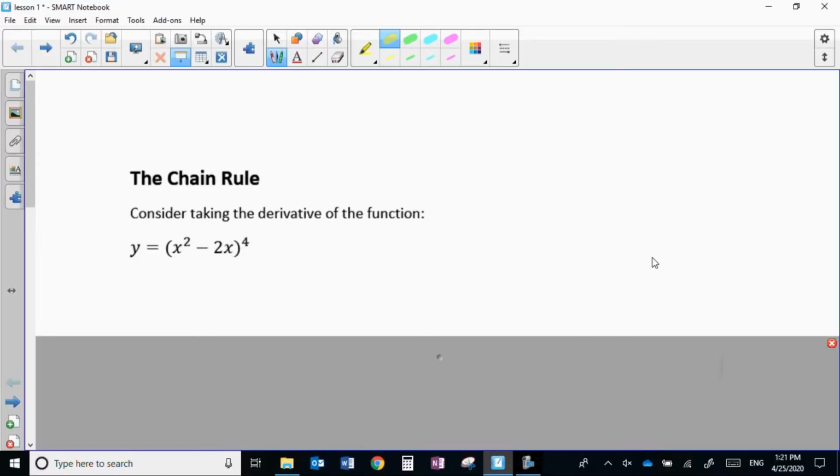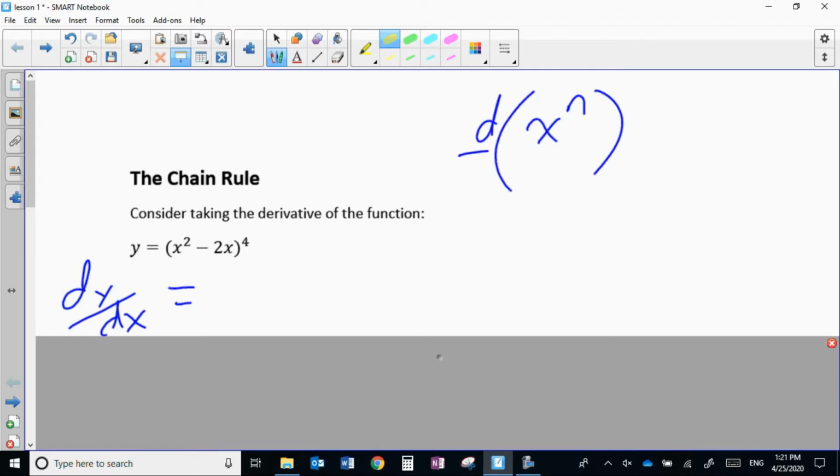So let's start by looking at an example that we are already familiar with. We can take the derivative of this function, and I introduced the derivative by calling a rule the power of a function rule. The idea being that, look, we knew that if we took the derivative of x to the power of n, that's n times x to the power of n minus 1.